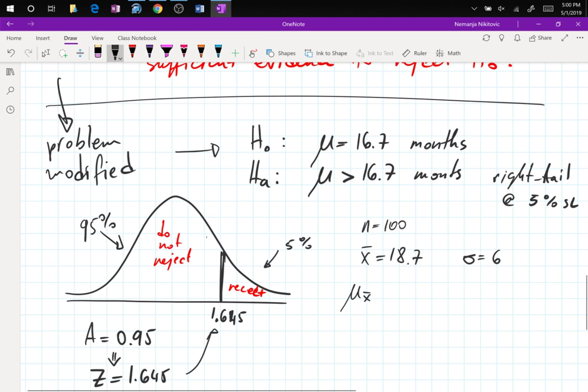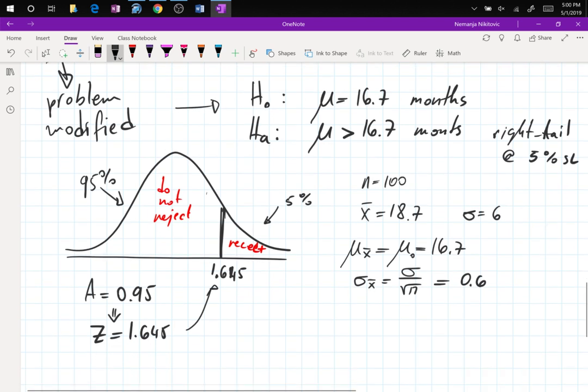So mu x bar is equal to mu, which is mu 0, 16.7. And sigma x bar, this is not changed, is sigma divided by square root of n, which we said was 0.6.